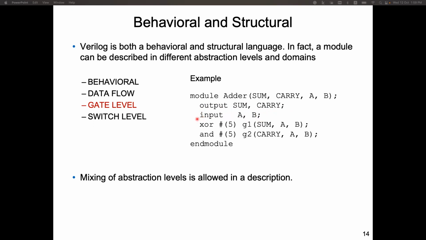Now after this port declaration, there are 2 lines to construct this adder. This is a 1 bit adder. The circuit is like this.